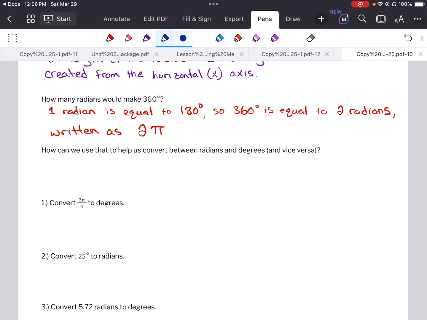How can we use that to help us convert between radians and degrees and vice versa?